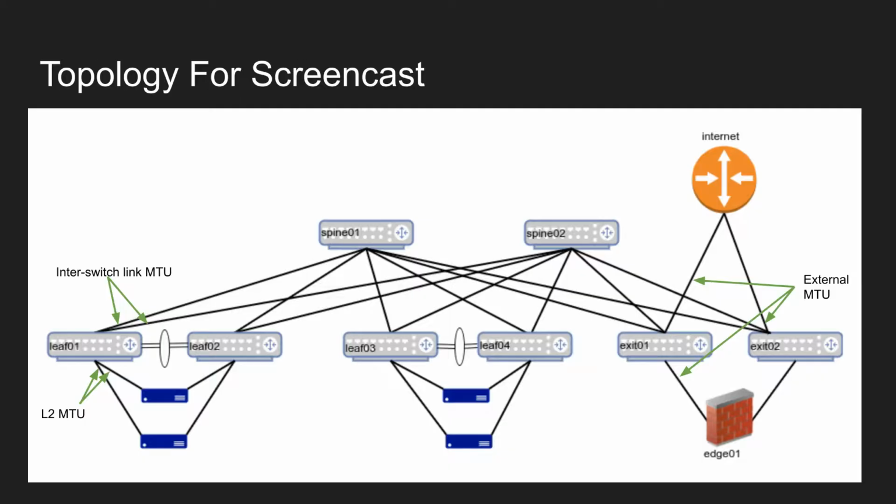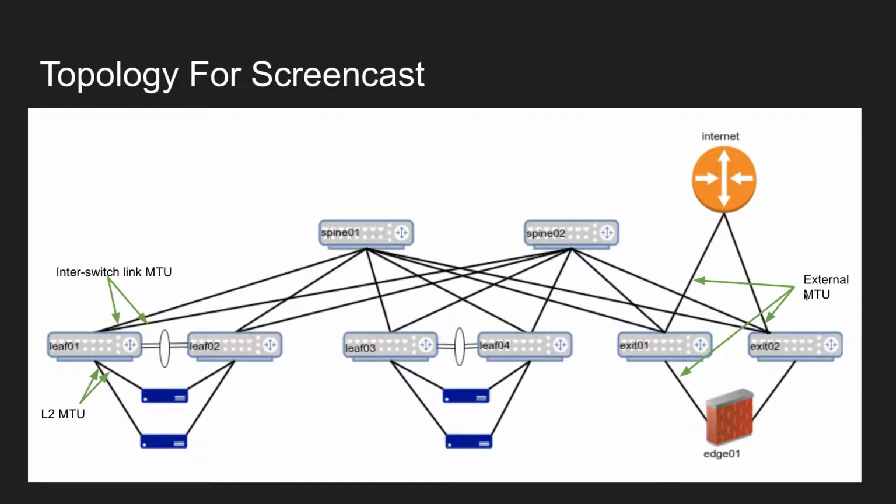To start with, we'll look at the topology, and this is the topology that we use in most of our demos. It's a classical enterprise data center topology. You've got inter-switch links, which should have an MTU that is a jumbo size. You have a bridge, a server-facing link, which should be essentially the 1500 bytes, the default MTU, and the external MTU, which should also be 1500 bytes.